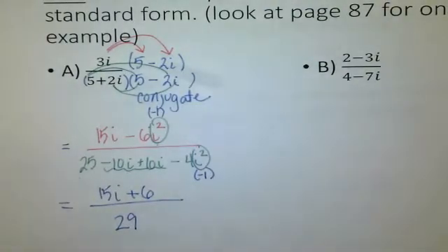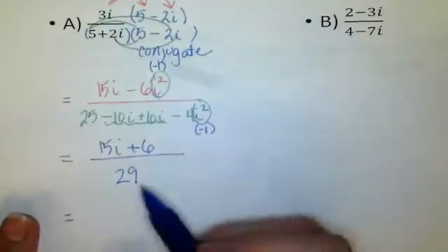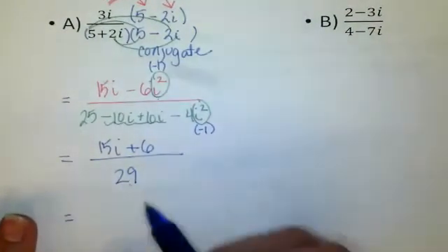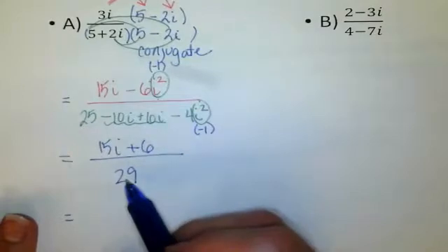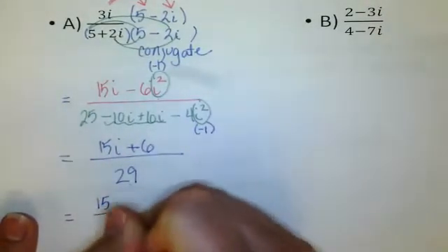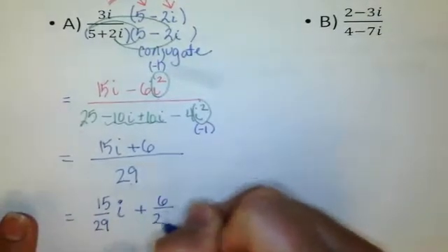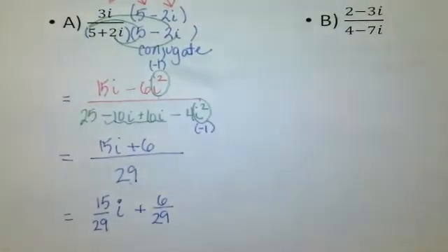They want it in standard form, which means we want to divide and conquer. What is 29 dividing? Just the 15i and the 6. Very good. So we separate: 15 over 29i plus 6 over 29. That 29 divides both terms, so we need to separate it if we want to be in standard form.